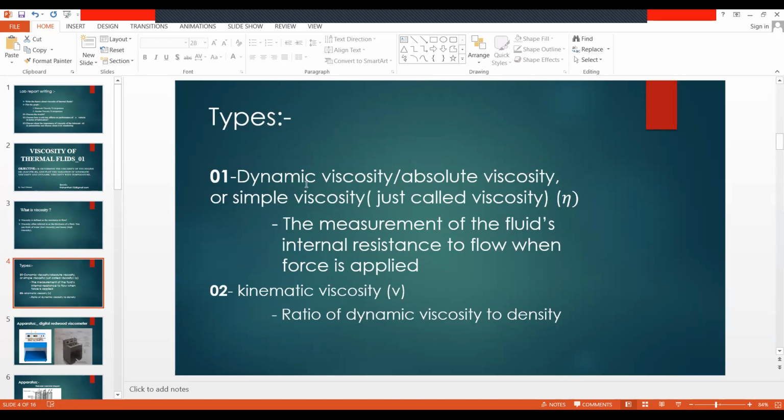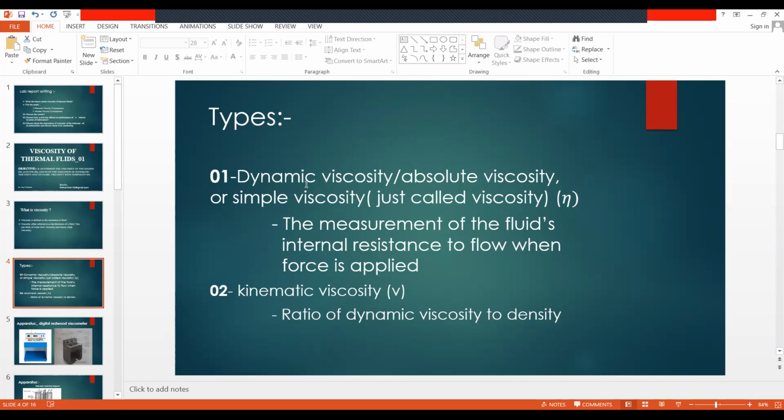When we just say viscosity, that should be dynamic viscosity. And kinematic viscosity is viscosity over density: viscosity divided by the density will be the kinematic viscosity. So we have two types of viscosity, and you can find both.